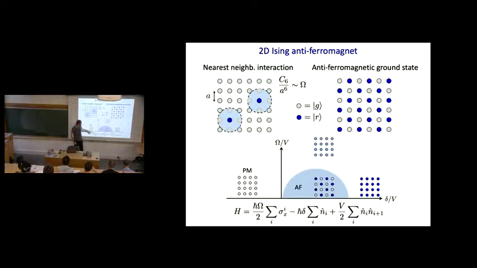Okay, so the system always looks like this. For this kind of system, especially on a square array, you have a dome here, which is called a quantum phase transition. So there is no temperature in this problem. It's all quantum. The ground state exhibits a transition between what is called a paramagnetic phase and an antiferromagnetic phase. So when you cross this line here, the magnetization suddenly changes from all the atoms in the ground state to this checkerboard type of pattern.